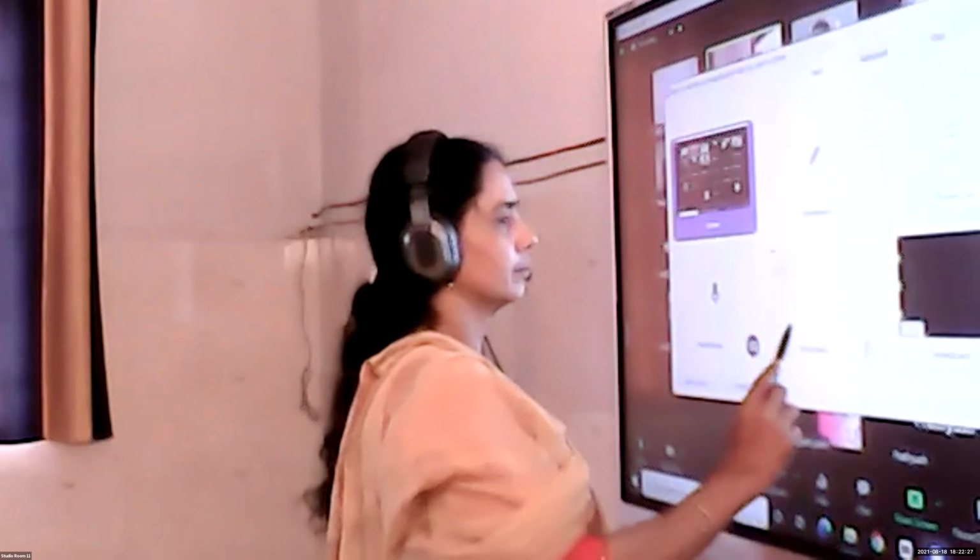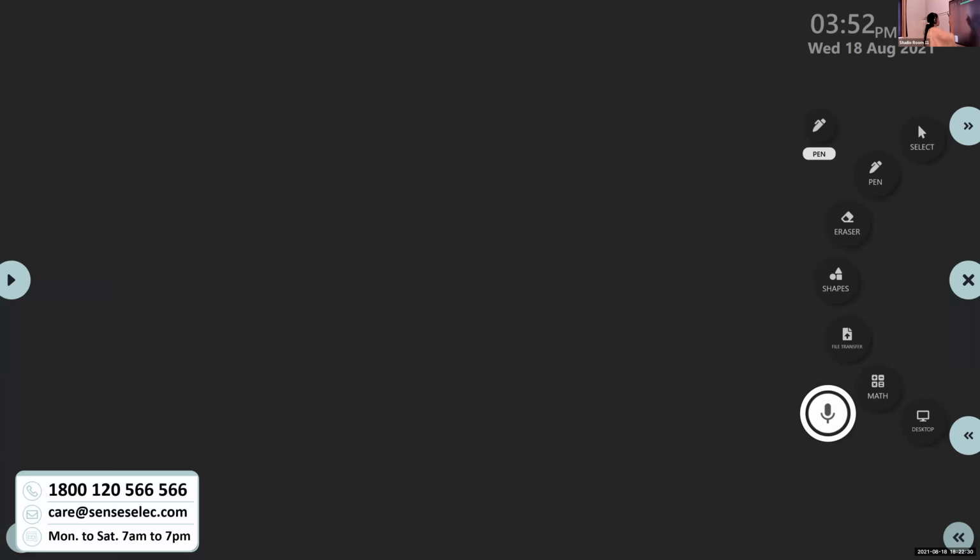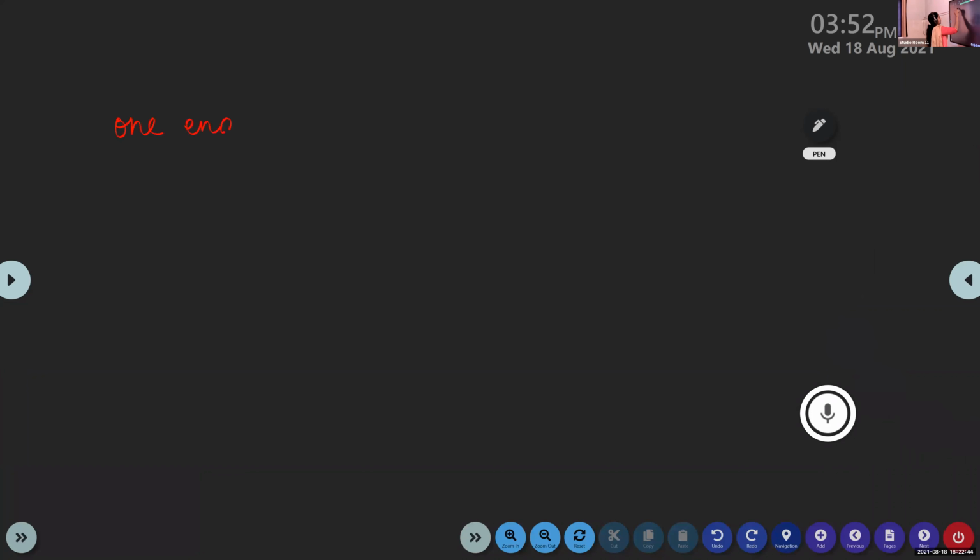Okay, now write the question. The coordinates of one end point of a diameter of a circle are (4, -1), and the center of the circle is (1, -3).